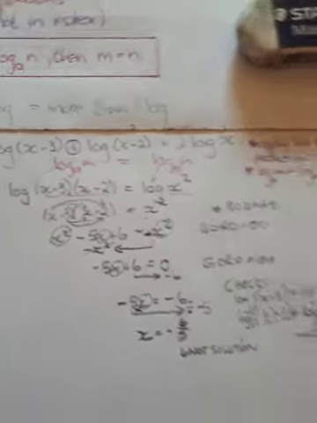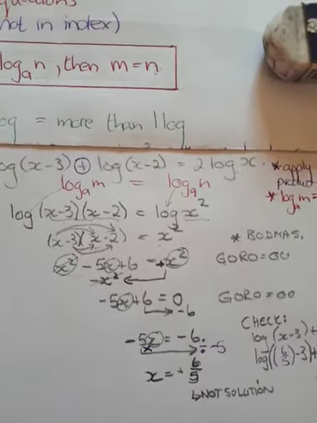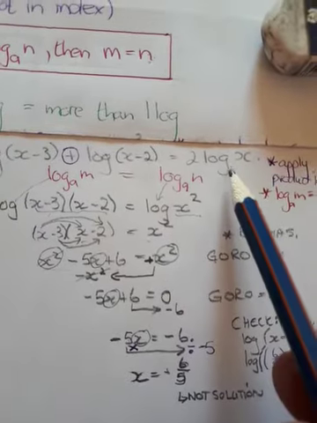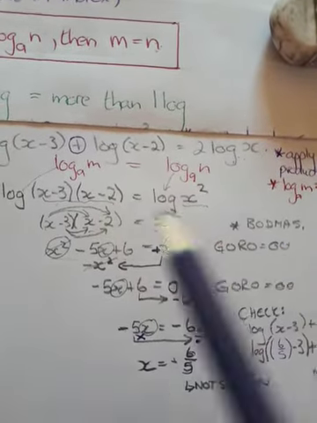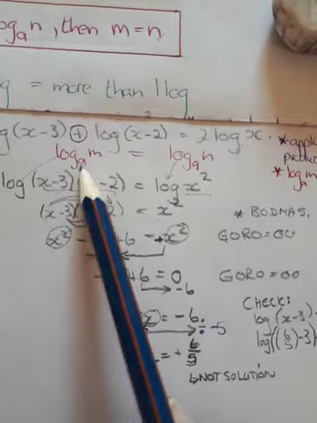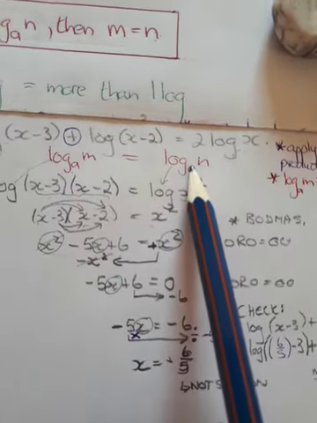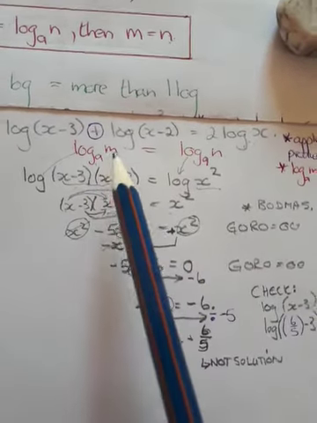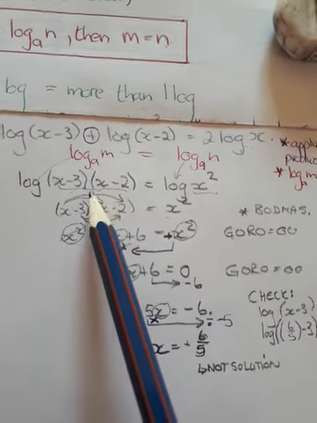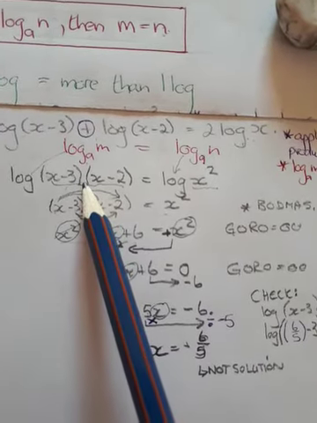Let's go through the steps once again. We've got 2 logs on the left and we've got 1 log on the right. We aim at having 1 log on each side so that we can apply the law. Here we've got the sum, which means we are going to apply the product law.